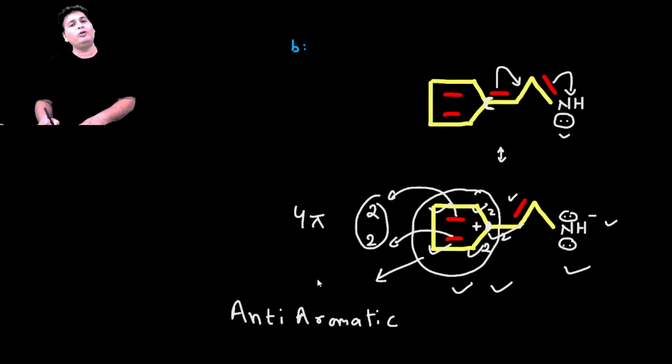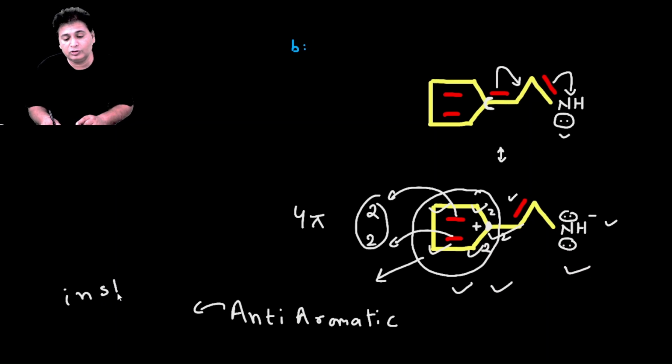And as you all know, if there is a ring which is planar, there is a cyclic conjugation, and the number of electrons in the cyclic conjugation are 4, 8, 12, which follows the 4n pi electrons rule, then that ring is anti-aromatic in character, and it is a symbol of instability.